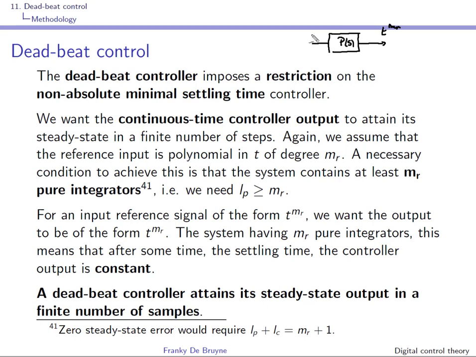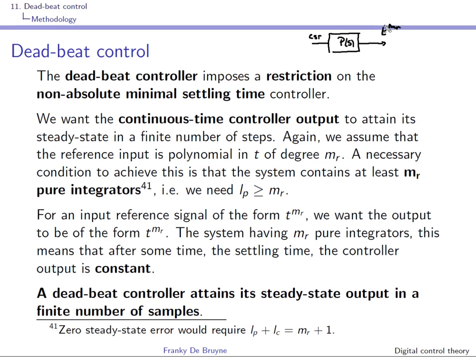So with a constant input we have to produce something that is growing as a power of t, where this exponent is mR. It's the type of signal that we want to follow.